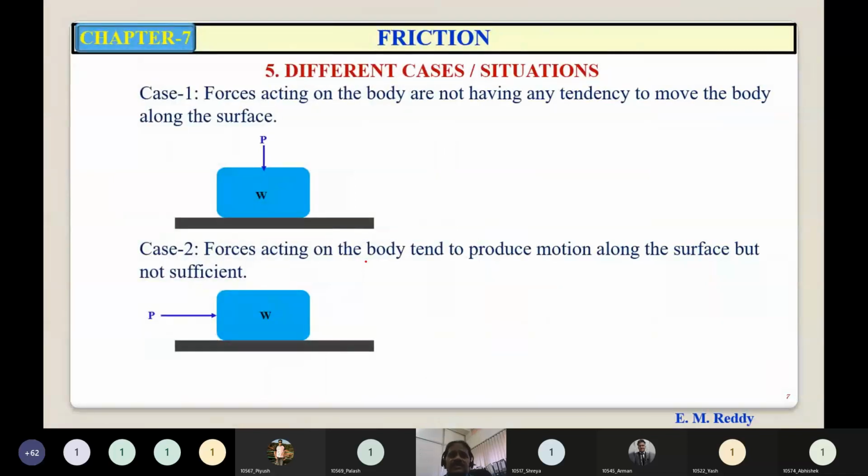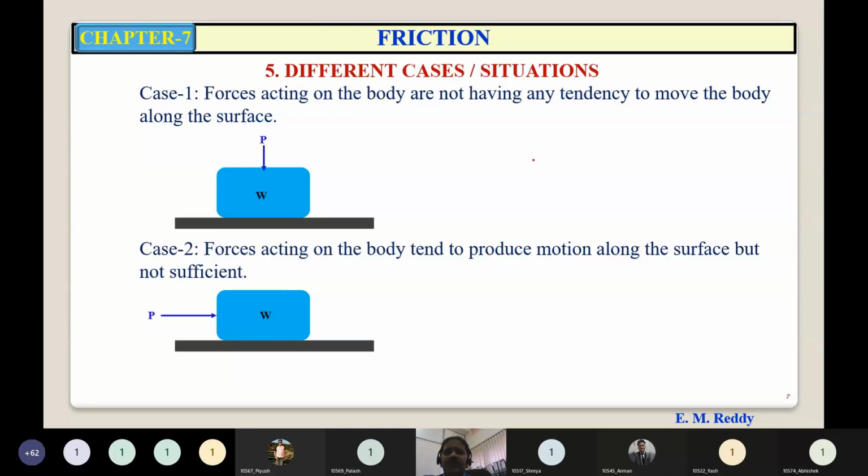Now there are different cases or situations. Let us see the first case. The forces acting on the body are not having any tendency to move the body along the surface. Here, what are the forces acting on this body? Applied force P, vertically downwards, and the self weight of the body.